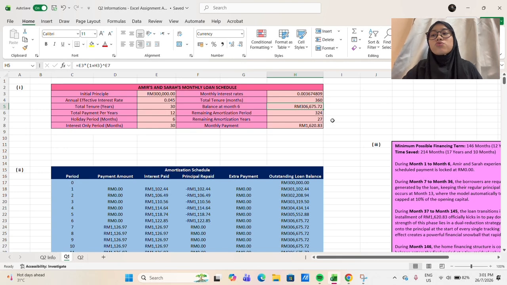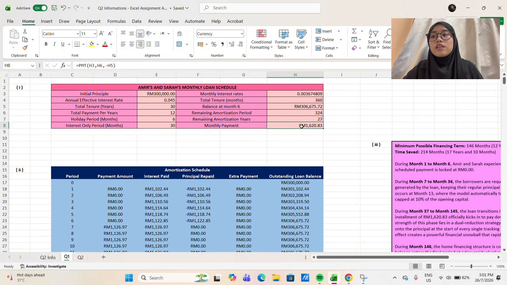From month 7 through month 36, Amir and Sarah service only the interest, keeping the balance frozen at 306,675.72. Therefore, when full amortization begins at month 37, there are 324 remaining months. So to calculate the required monthly installment R, we use the PV of an annuity formula.